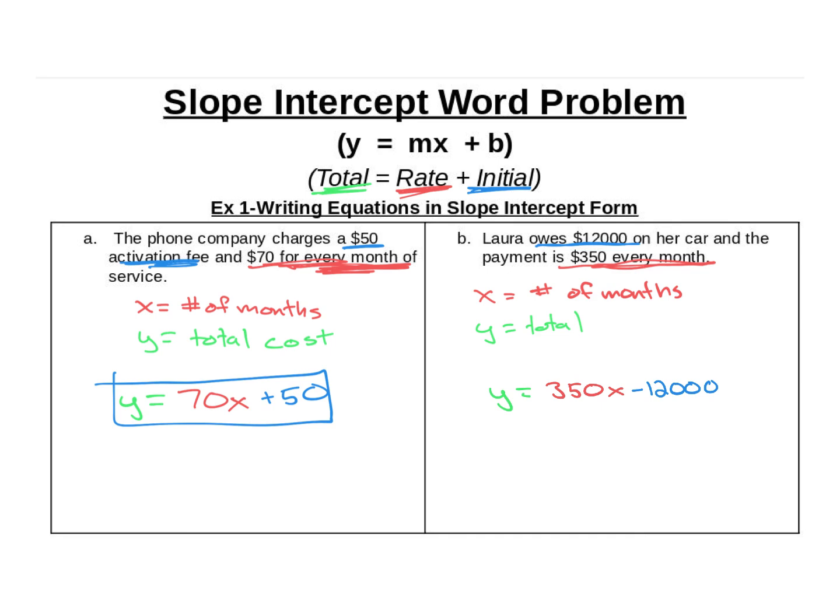So that would be one way of looking at this. We could also reverse some things and say, what if we're saying that total is positive? Well, we owe $12,000. That means every time we take a payment, that's going to give us our remaining balance. So either one of these equations would work.